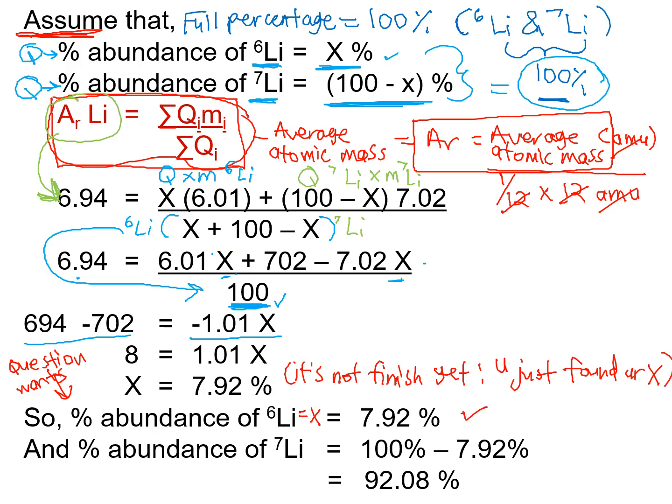Manakala 7Li tadi you assume dia 100 minus X kan persen. Makanya X tadi you dah dapat dah 7.92. So 100 minus 7.92. So 7Li dapatlah 92.08%. Okay. So that's how you answer this kind of question.